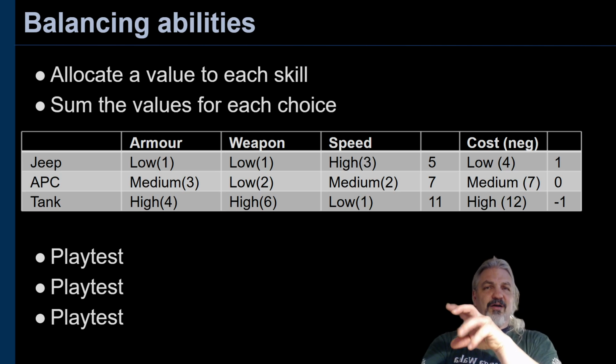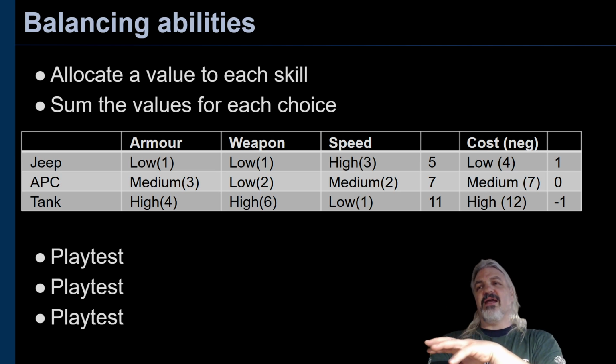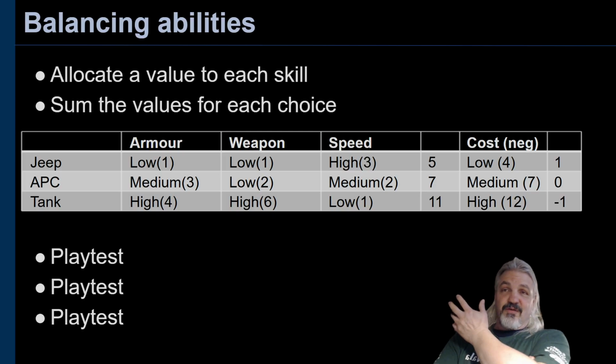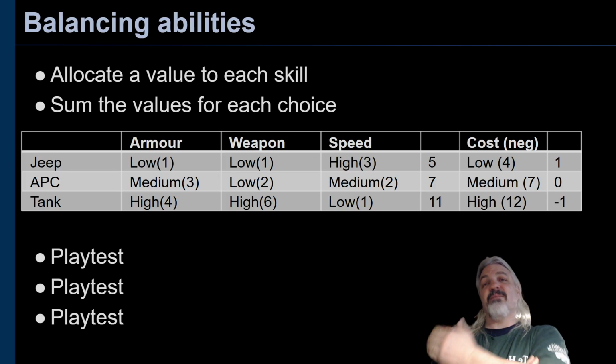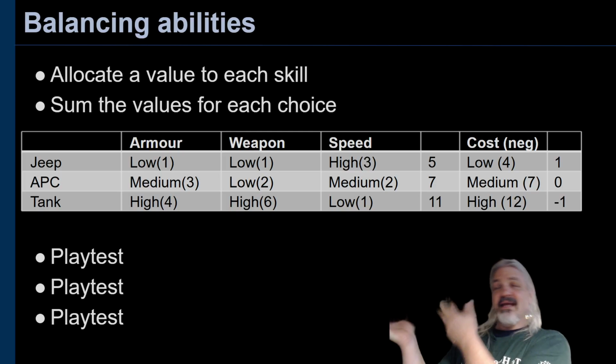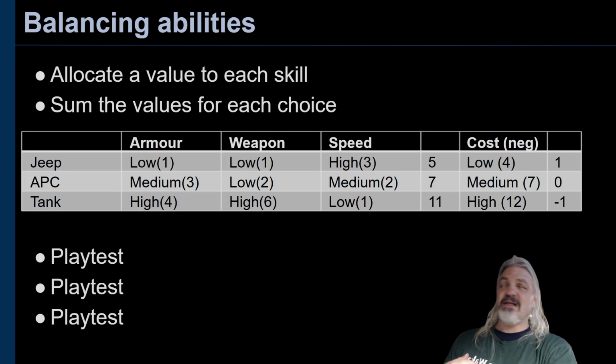So this tries to give balance so that, because tanks are, given the score of 11, better than jeeps, if tanks and jeeps were the same price, you would just buy all the tanks, right? So you need to make tanks more expensive. How much more expensive? Well, you work out how much each of those is valuable.